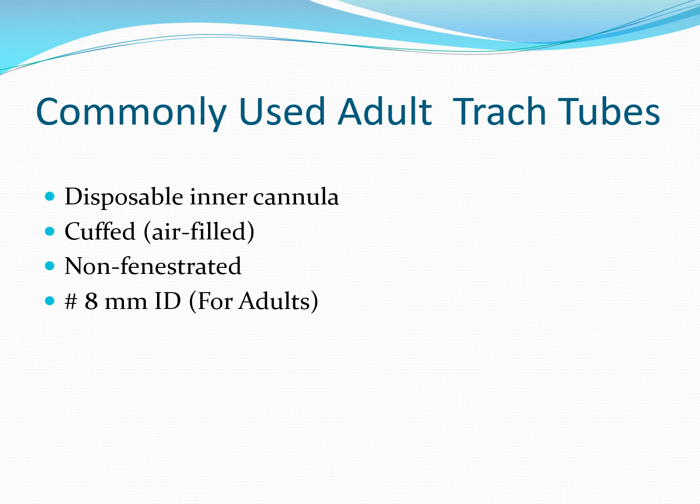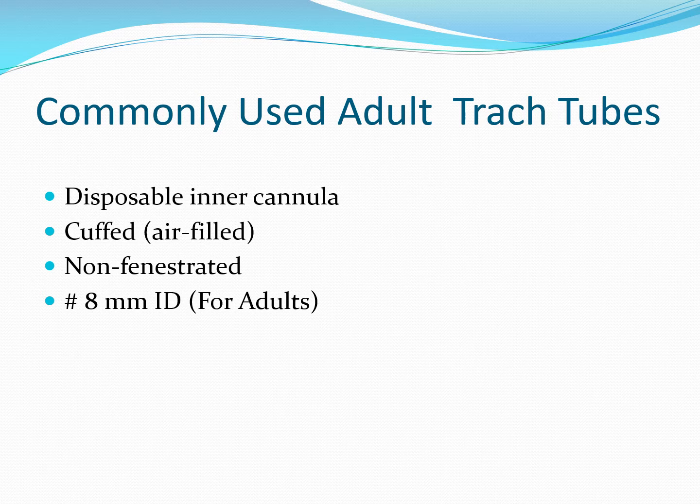Non-fenestrated: I'll talk more about fenestrations, but a fenestration is just an opening in the outer portion of the bend of the tube. The primary motivation for a fenestration is to facilitate talking or phonation. But many of them do not have fenestrations, just to be clear on that. And for adults, the most common size would be an 8. Next most common size would be a 6.